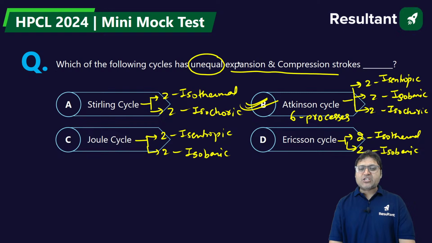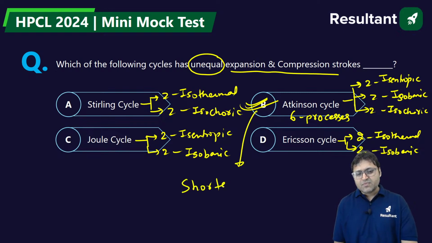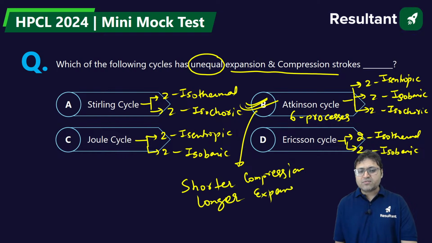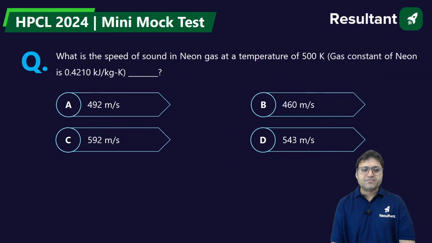Atkinson cycle is having shorter compression and longer expansion. Compression stroke is shorter and it is having longer expansion stroke. Shorter compression and longer expansion.